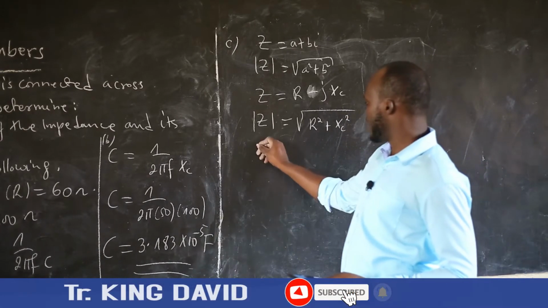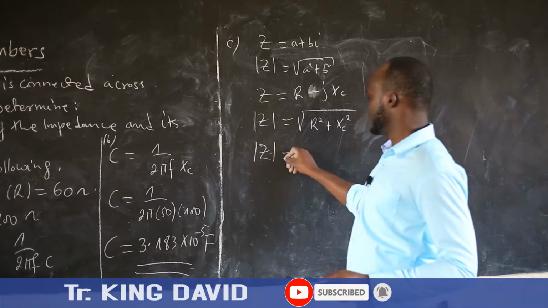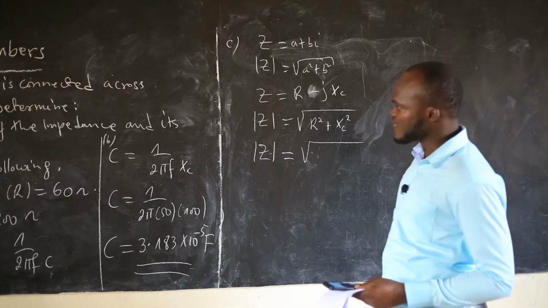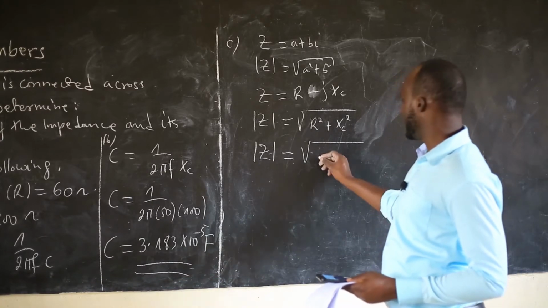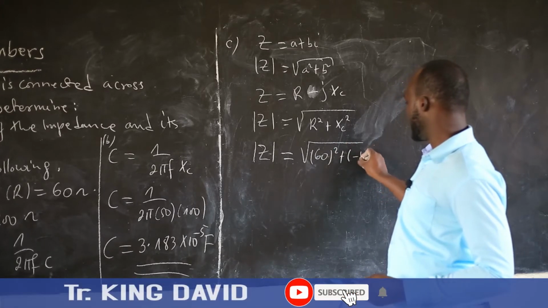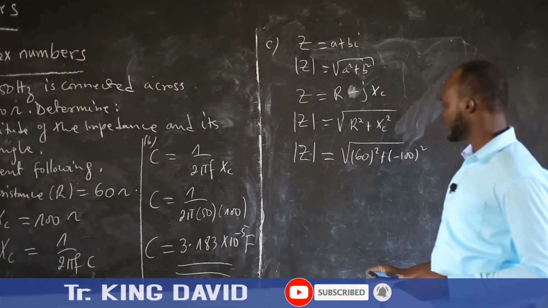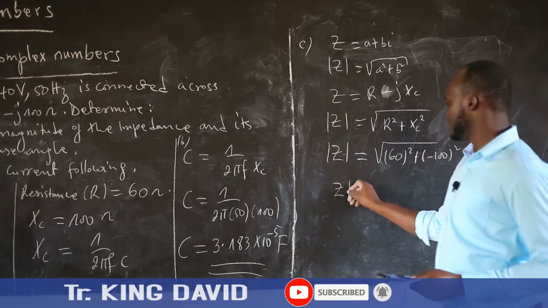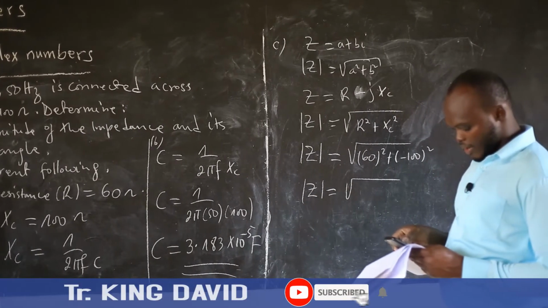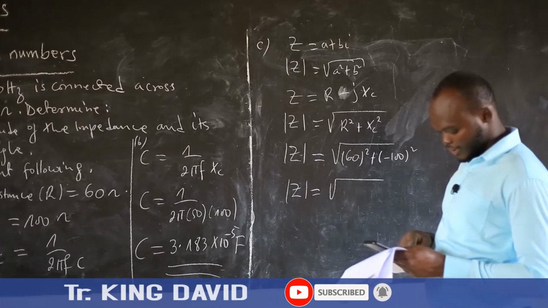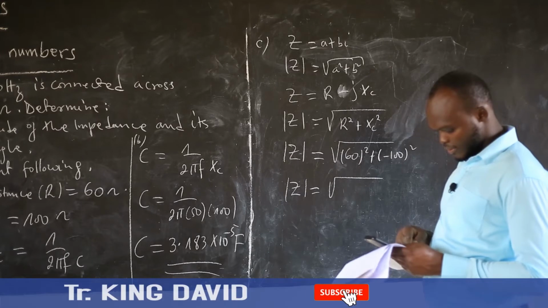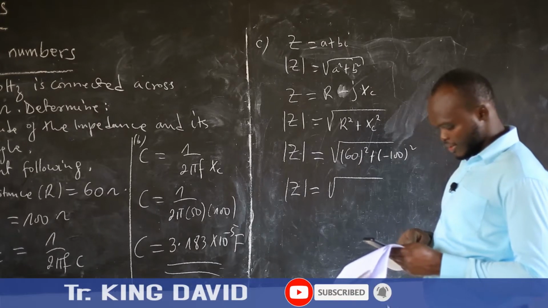So our magnitude of Z will be the square root of 60 squared plus negative 100 squared, which is the square root of 60 squared plus 100 squared.